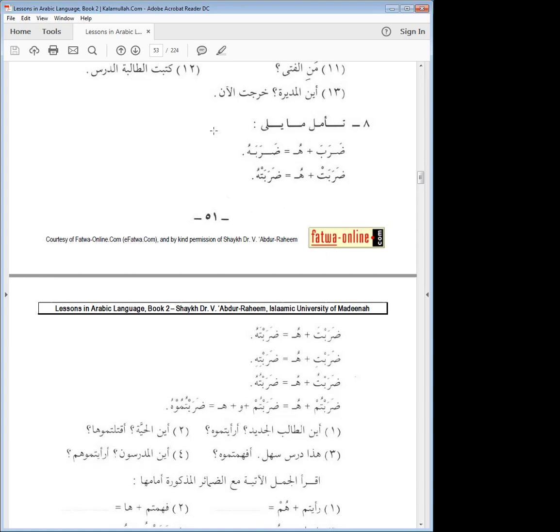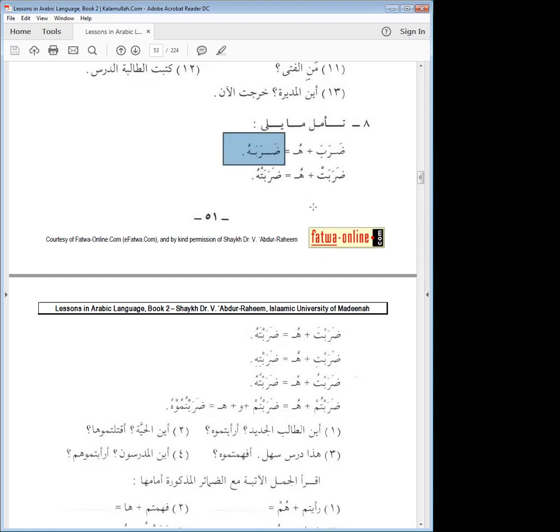So we have here daraba, which means to hit, or he hit, right? And then you add to that the ha with the dhamma. You have darabahu. Darabahu means he hit him. So then we see how we write that at the end there, after the equal sign.